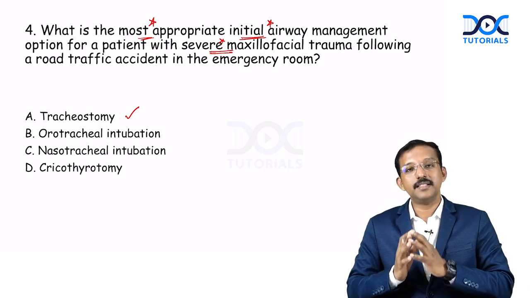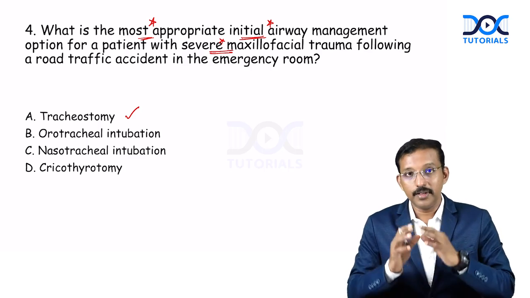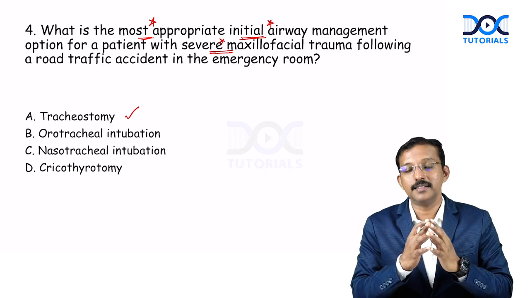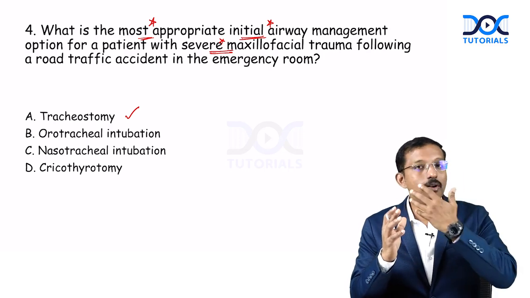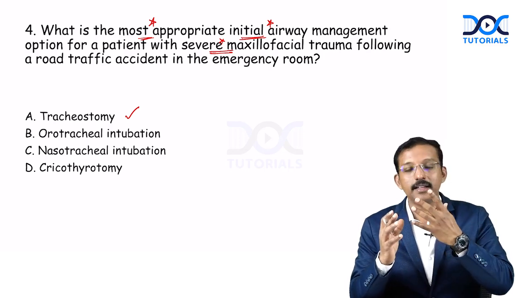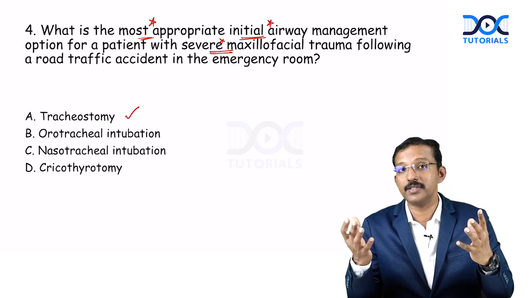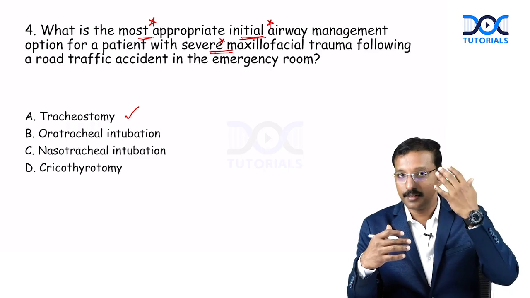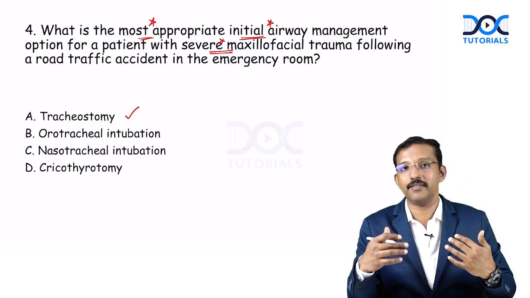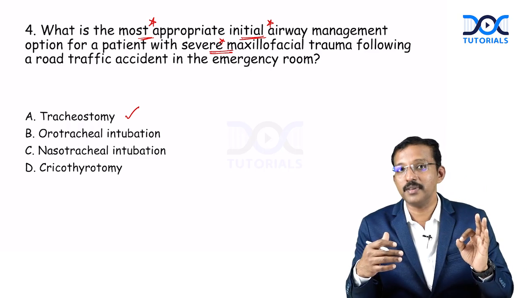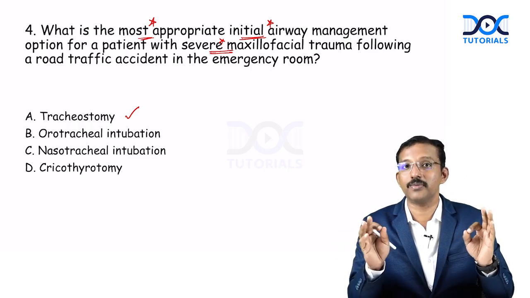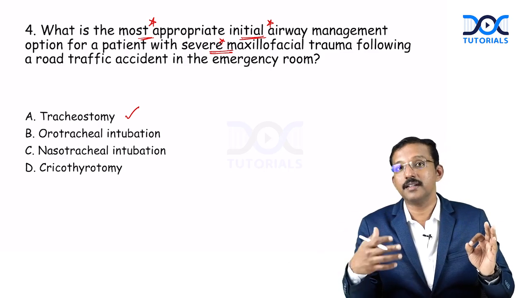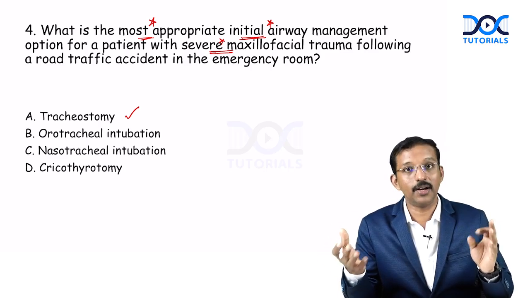When the patient is in an emergency room with a severe maxillofacial trauma, just imagine the patient will have this whole area bleeding. He has a very high chance to aspirate the blood which is being poured into his airway. So my primary aim is to prevent the aspiration of blood, and if he is unconscious, he is definitely going to aspirate whatever he has taken before also along with the blood.